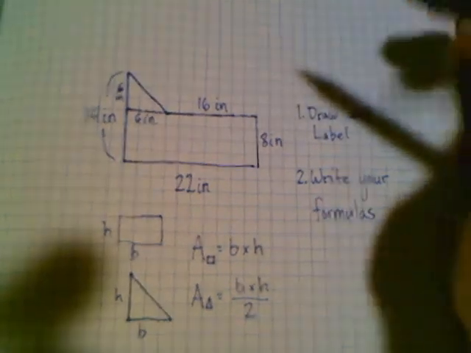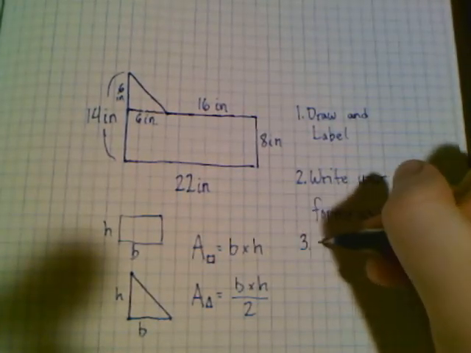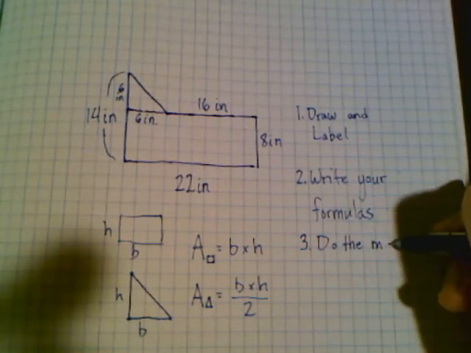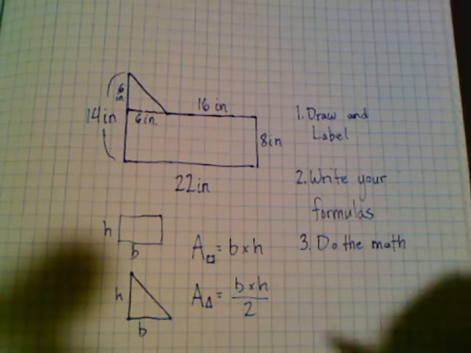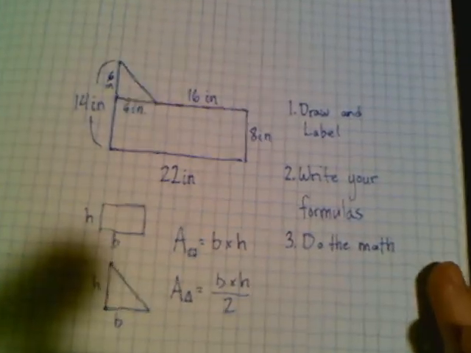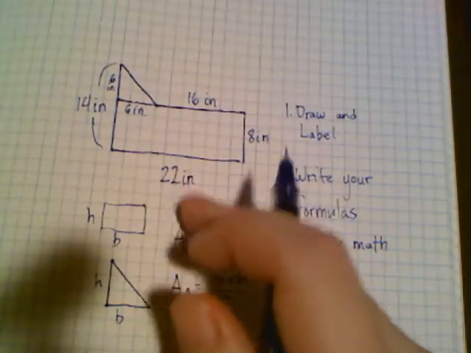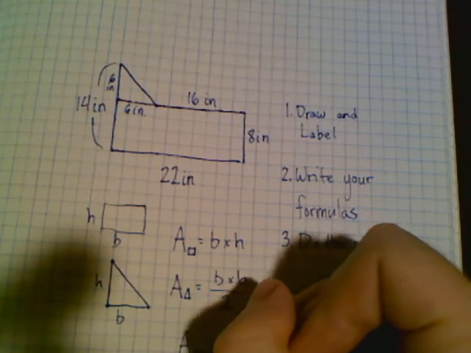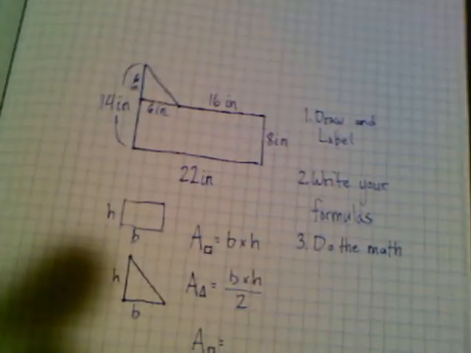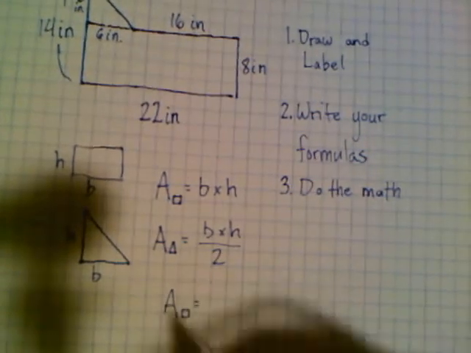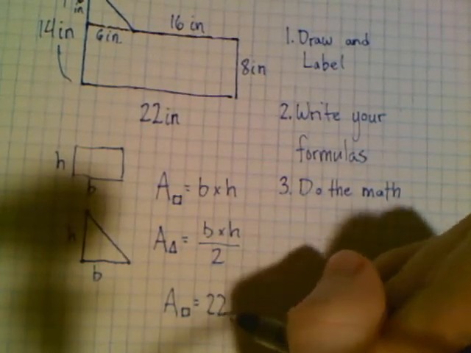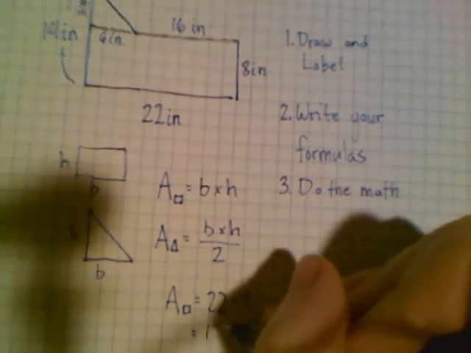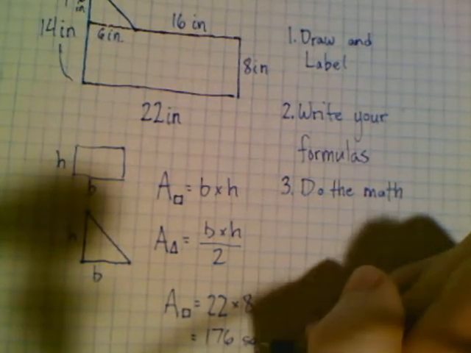Your third step is to do the math. Plug your values in and solve the equation. In the case of my rectangle, my base and height were 22 and 8. So we do 22 times 8, which will equal 176 square inches.